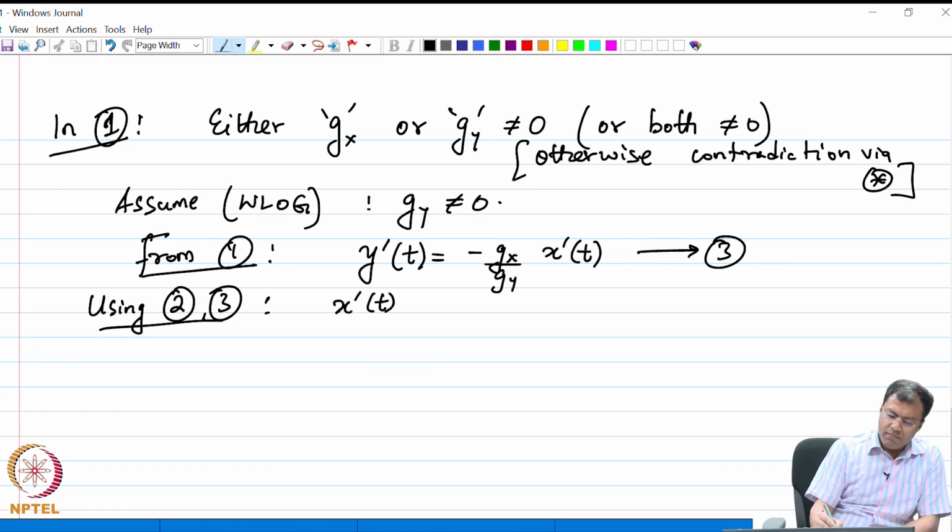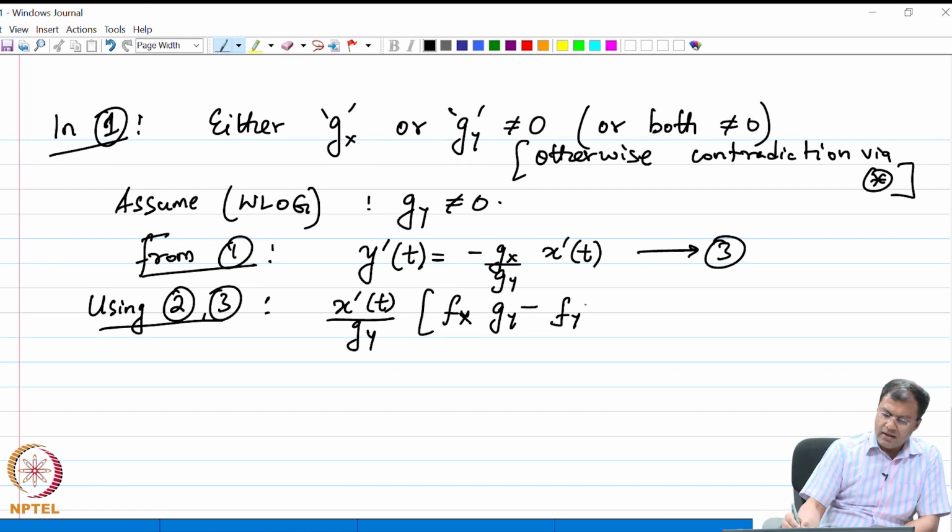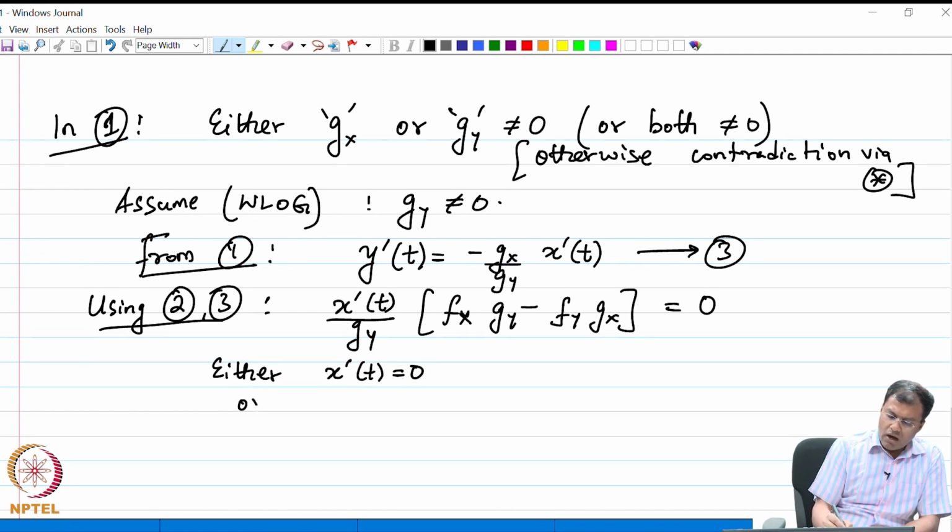x prime t by g y times the bracket f x g y minus f y g x is equal to 0. Okay, now either x prime t is equal to 0, or this bracketed quantity is equal to 0.